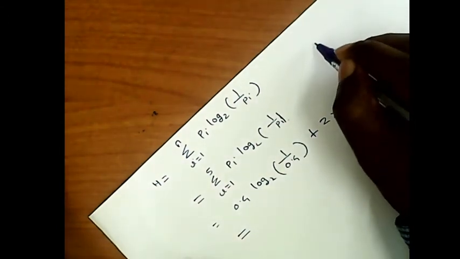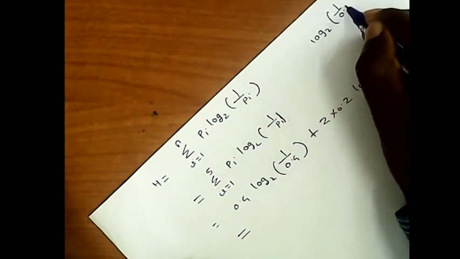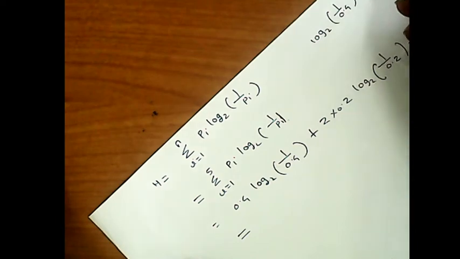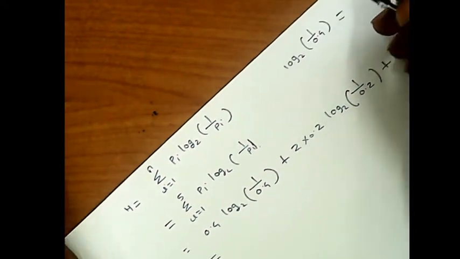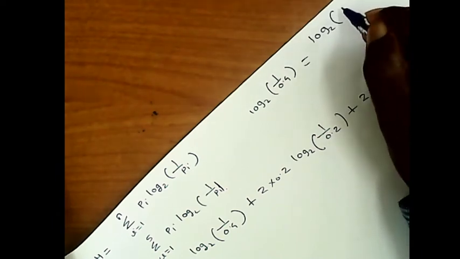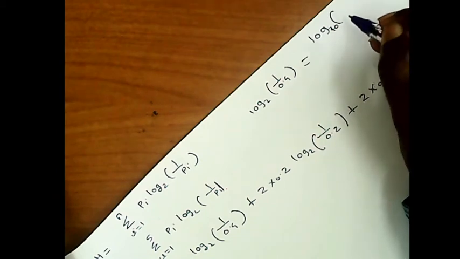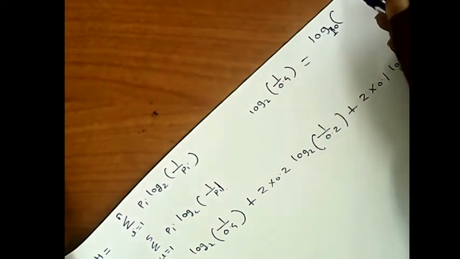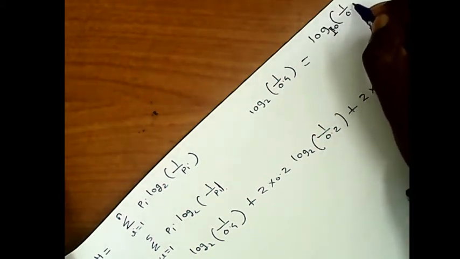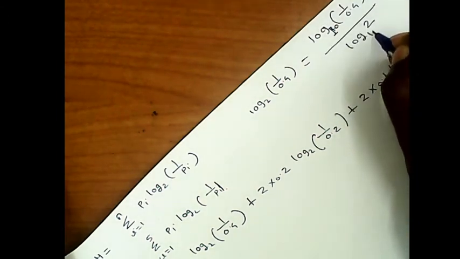How do we calculate this log to the base 2 of 1 upon 0.4? We can write log to the base 2 in terms of log to the base 10: log to the base 10 of 1 upon 0.4 divided by log 2 to the base 10.